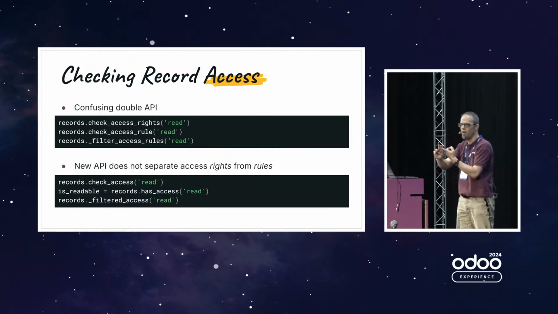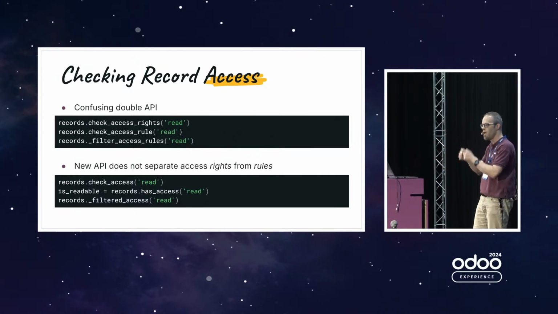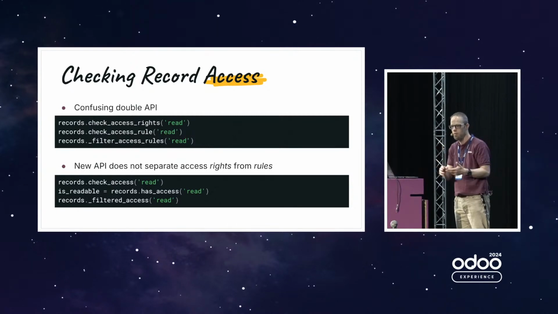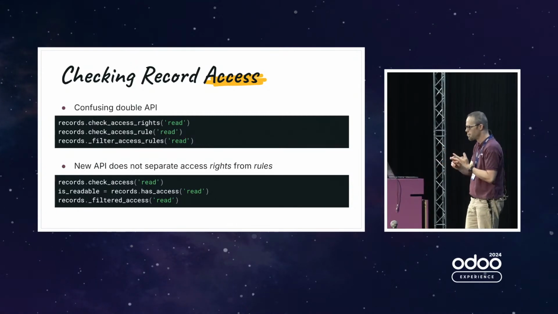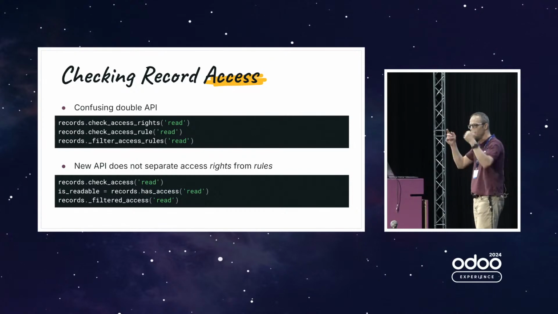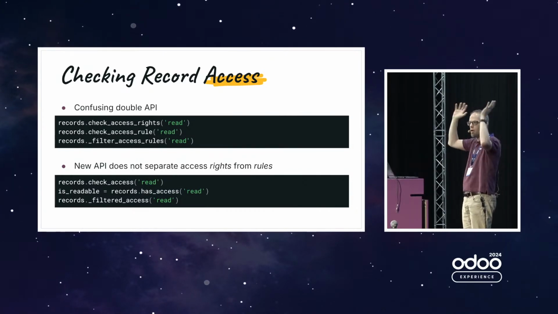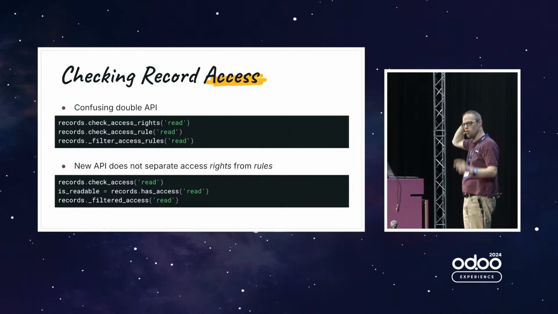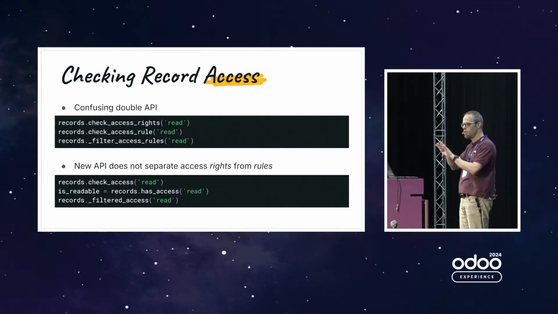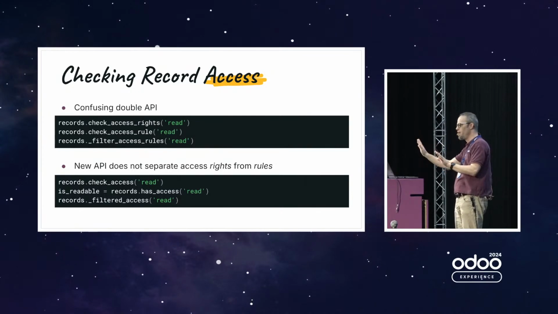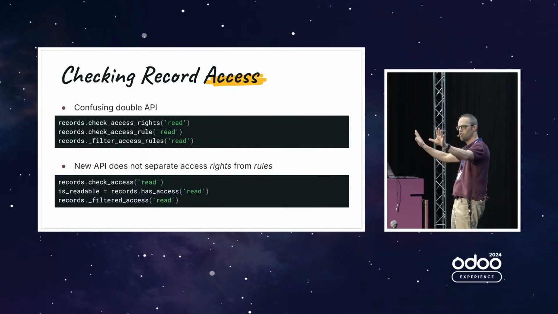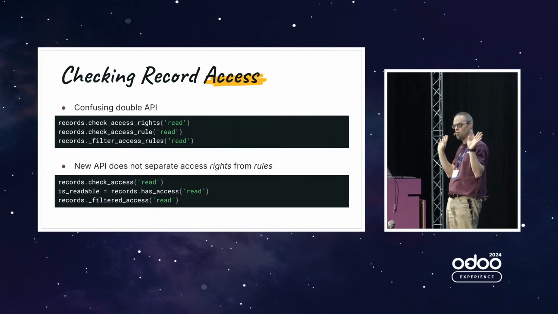So it simplifies the model: you say, do I have that access on that record? And second, it enables us to rework the access rights model and keep it consistent with the new API. So we'll stop separating permissions from rules and things like that. That's for the future.